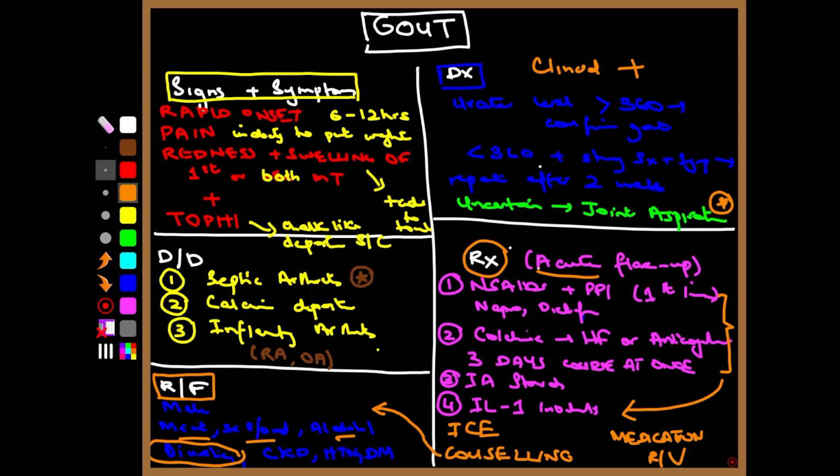Intra-articular steroids can sometimes be used in acute flare ups as well. Interleukin inhibitors need a recommendation or advice from the rheumatologist before starting. We've got ice, counseling and medication review that will also help our patient. So, this is the management of acute gout, to be exact.